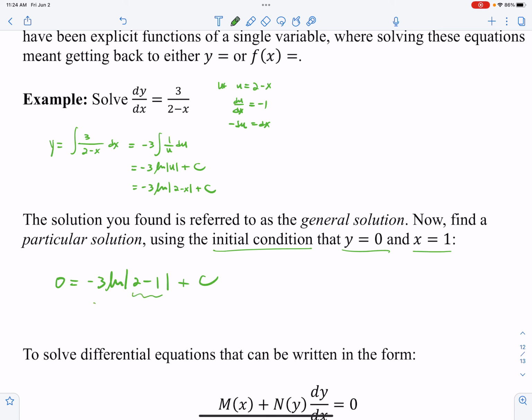So C actually just ends up being equal to 0 in this case. So the particular solution with the initial condition listed would just be negative 3 natural log of absolute value of 2 minus x.